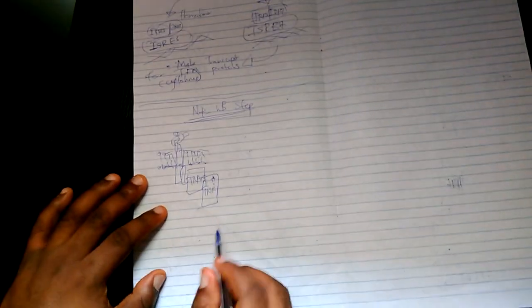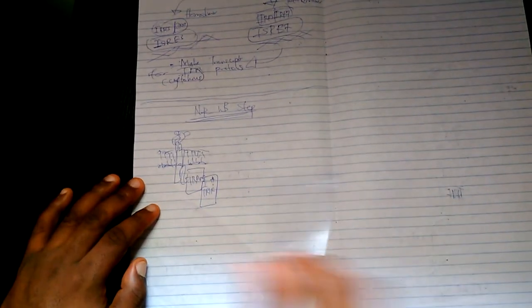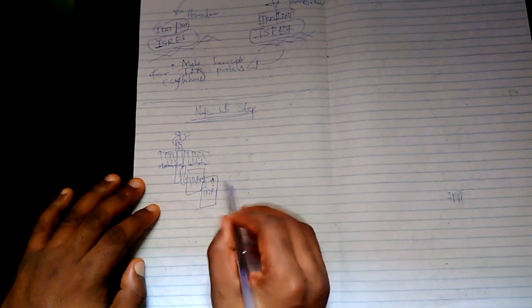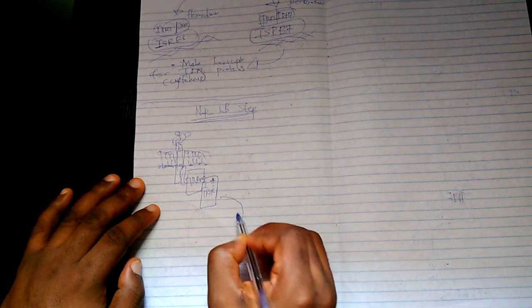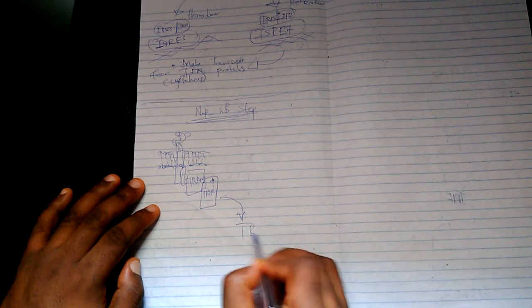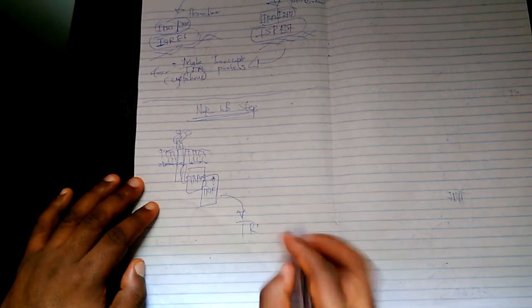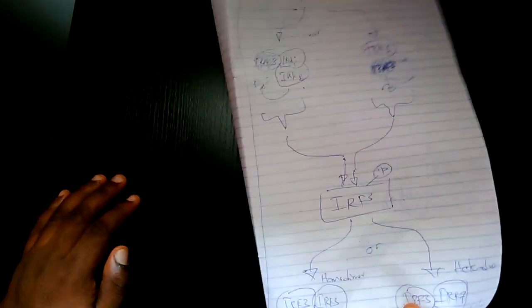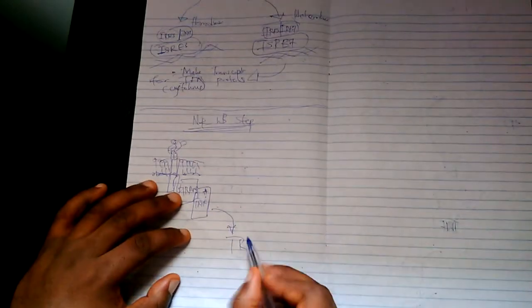So, in this stage, instead of going to activate TRAF3, it goes ahead to activate TRAF6. Sorry, TRAF6. What am I talking about? Oh, my mistake. Yeah, TRAF6. My bad.